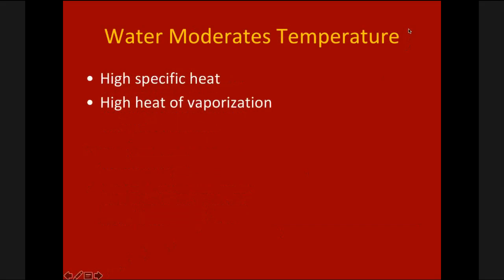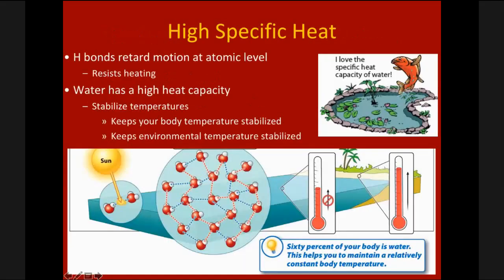So two properties that we're going to talk about: high specific heat and high heat of vaporization. These, I think, are the two hardest properties to keep track of because their differences are subtle. Both are going to be ways that we use water to moderate or regulate temperature. First one I'm going to talk about is high specific heat. Remember that in a body of water, you have all these water molecules and they're forming hydrogen bonds between each other.